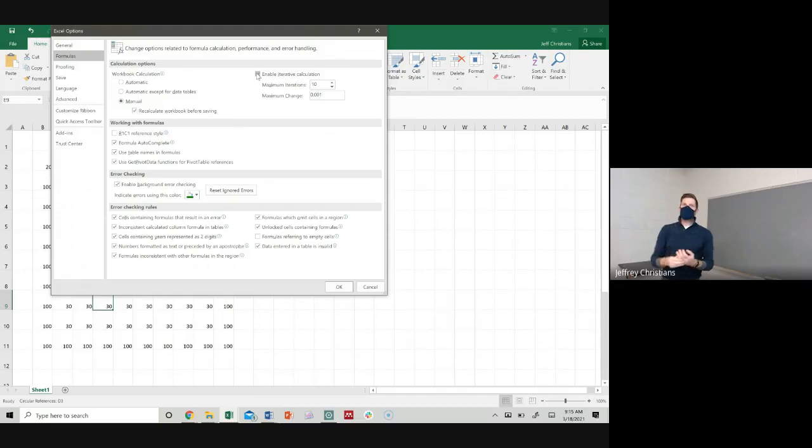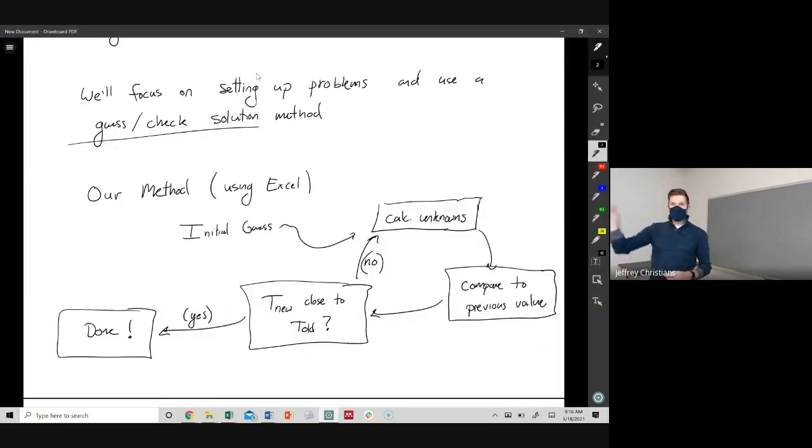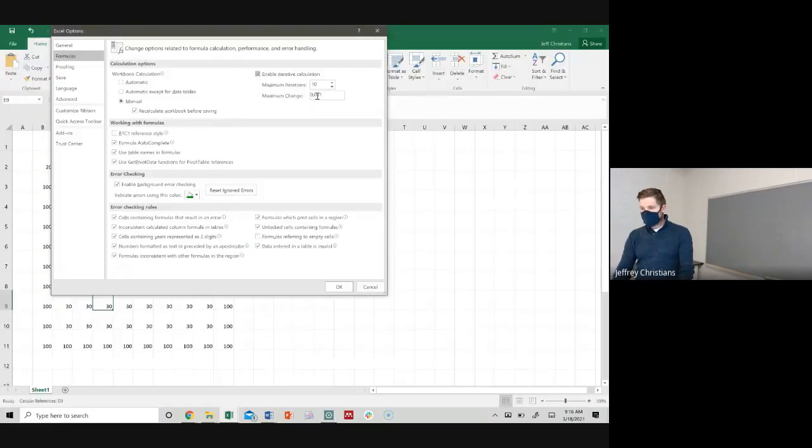This is exactly what we're trying to do. We're trying to iterate and say, okay, this is our initial guess, recalculate things. Did that change? Okay, go back around in the circle. So this allows us to go through this little calculation loop 10 times before it stops. So it either stops after 10 times around the circle, or it stops if the maximum change is 0.0001.